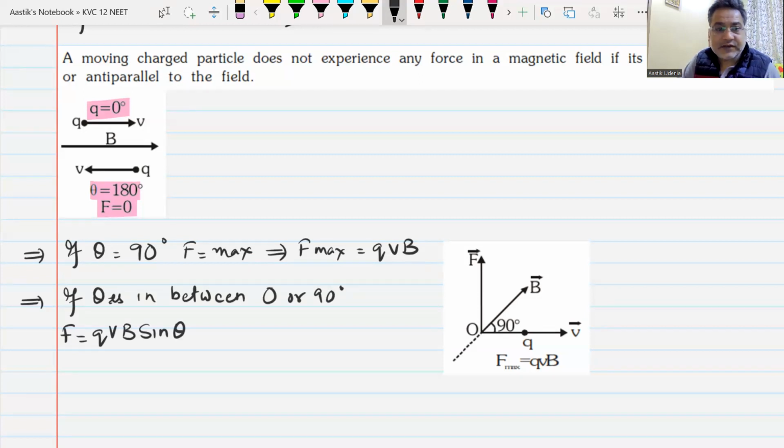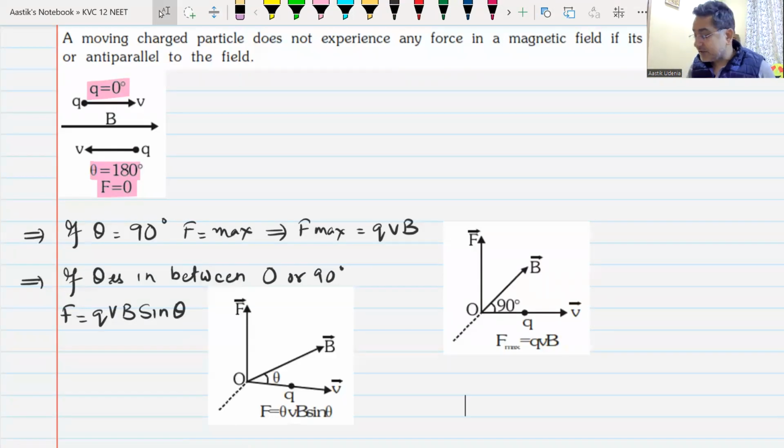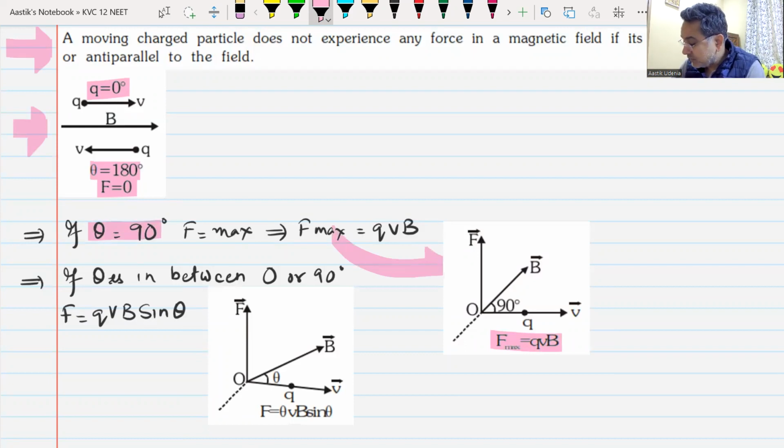If the angle is between 0 and 90, the force will become QVB sine theta. So if it is 0 or 180, the force is 0. If it is 90, the force is maximum, which is this case. If the angle is between 0 and 90, this is the case. I hope we understand this. Yes or no? I'll give you 2 minutes to note this down.